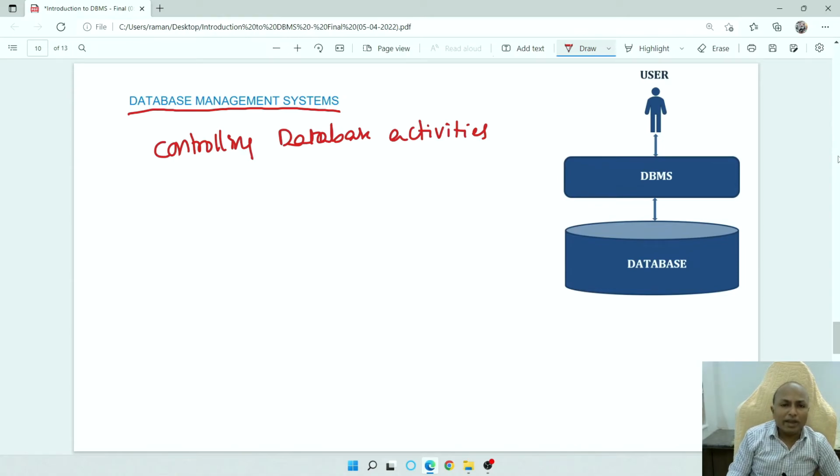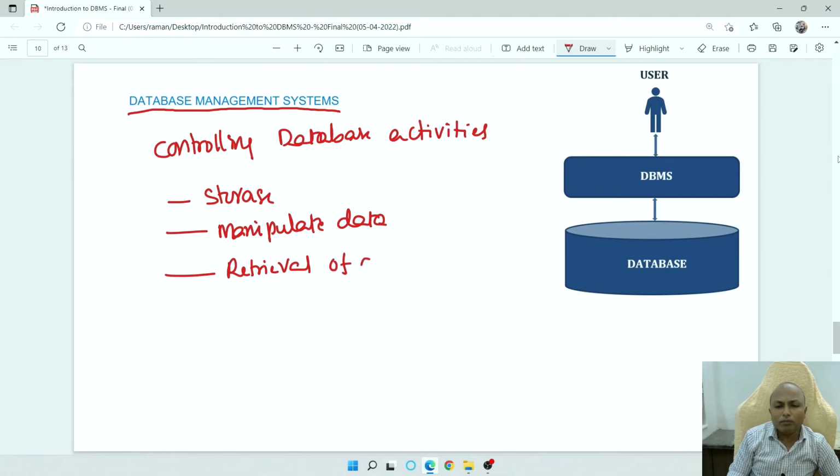These database activities are storing the data, that is one of the activities. After storing, whatever manipulation you want with the data, the database management system has to take care of. That is manipulating data. Whenever you want to access some data, it also controls and provides that. That is retrieval of data.